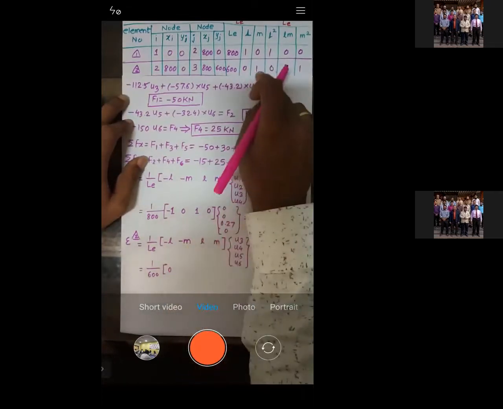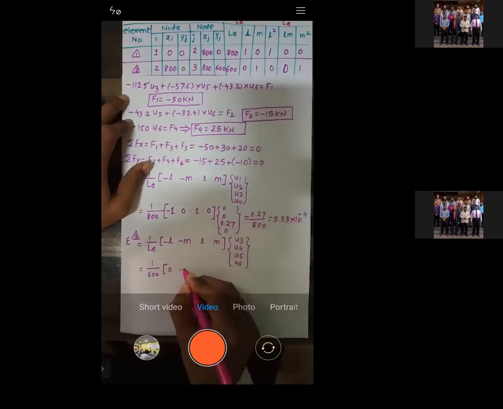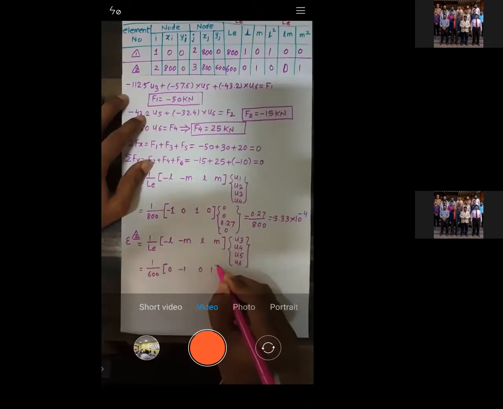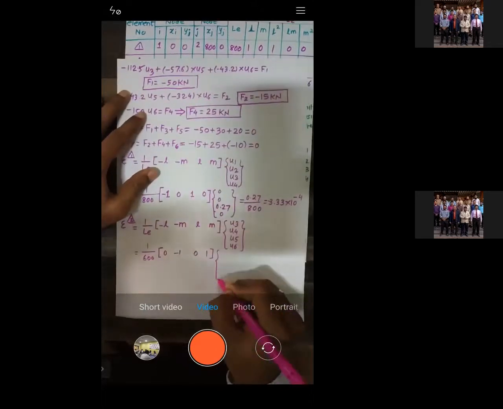Minus M is -1. Then L is 0 and M is 1, into U3.